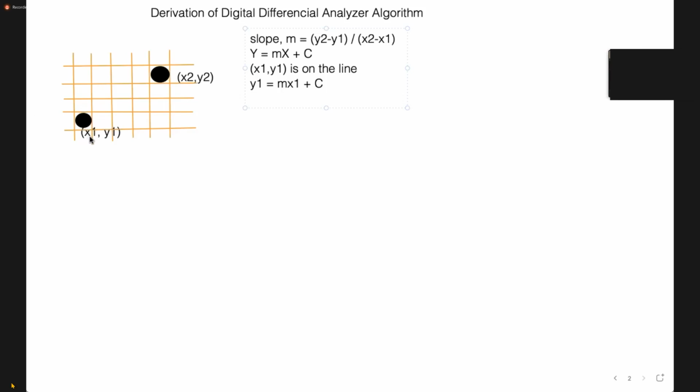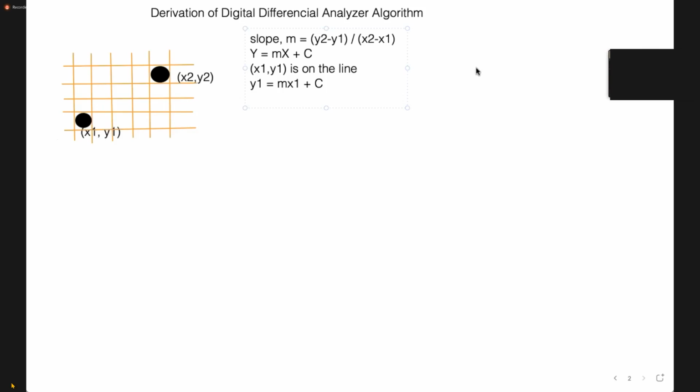Therefore, we have to understand, now x1 is there. What is the next pixel point we have to identify? That can be x1 as it is and here, or x1 this way and x1 this way. So y1 is here.